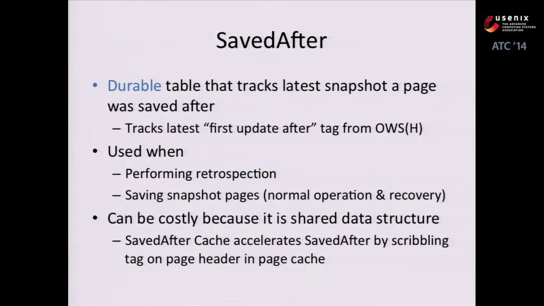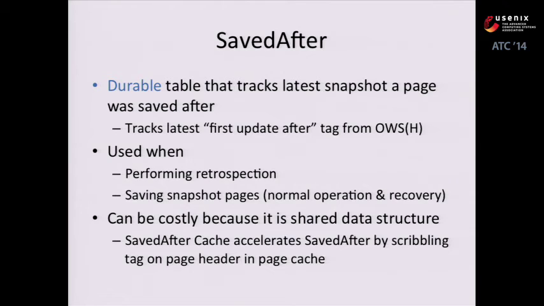So saved after is a data structure that actually implements part of the OWS. The OWS is a formal model, but we have metadata structures, both in memory and durable, which implement it so that you can use it during runtime.